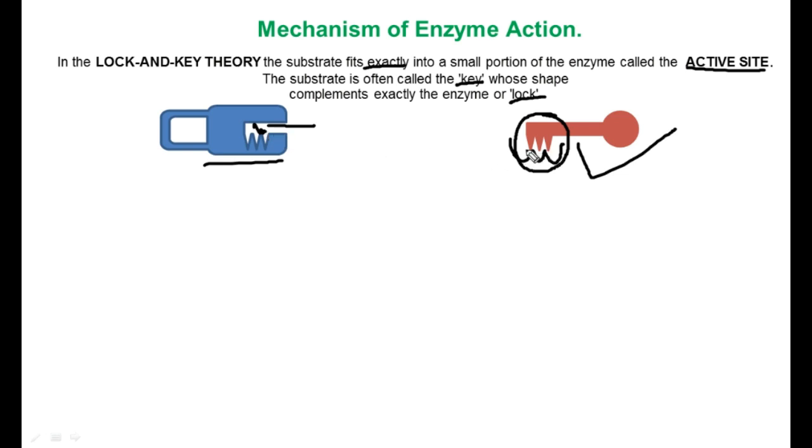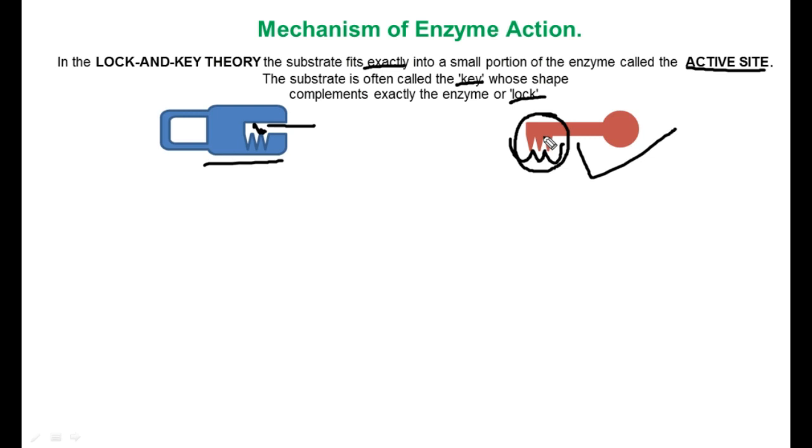You may see the shape of this substrate is exactly the same as the shape of the active site. And this is all about the theorem of the lock and key hypothesis.